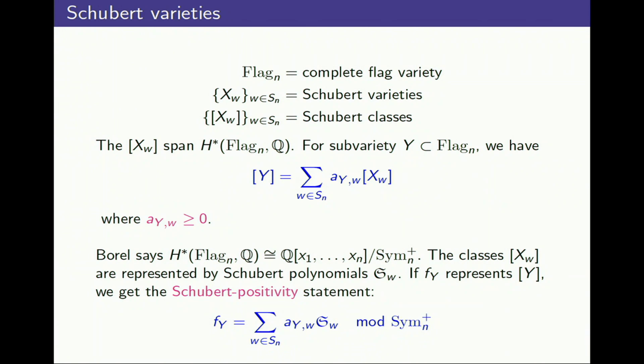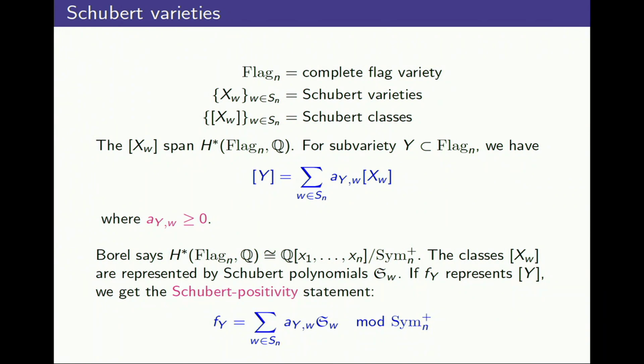Well, if you don't like the geometry aspect of things, here's the polynomial version. Borel tells you that this cohomology ring is really this quotient, and then the classes become Schubert polynomials, which also appeared in Anna's talk. And then this question about Schubert positivity translates to a question about the polynomial ring.